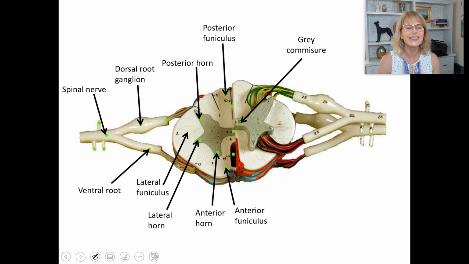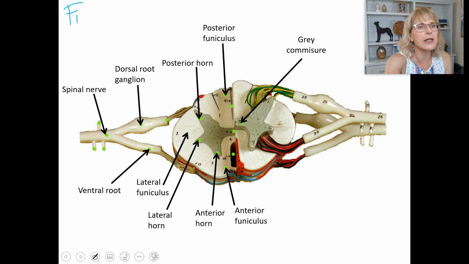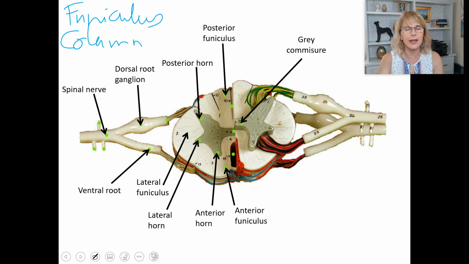Okay, not quite halfway. Now, the white parts, they've actually got two different names, and I just noticed that on this particular image, I'm showing you the more difficult name. A funiculus is also called a column. Silent N, sorry.